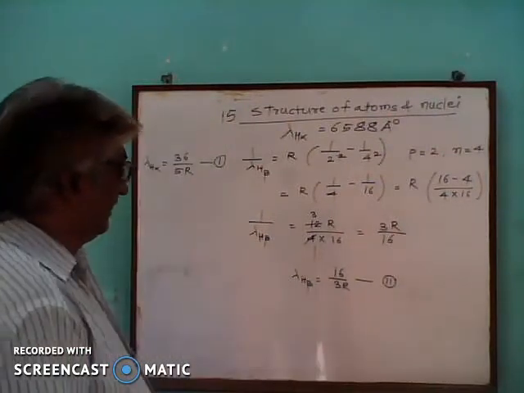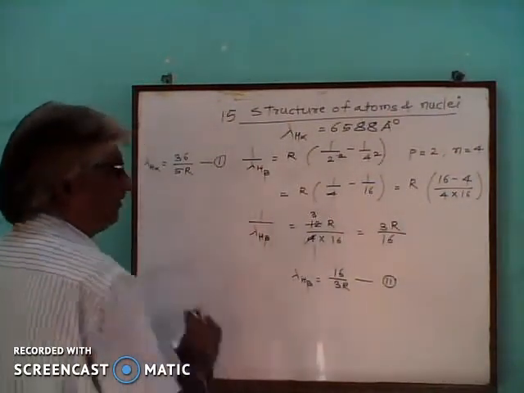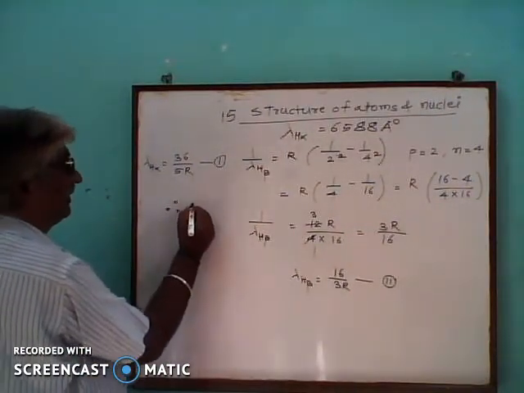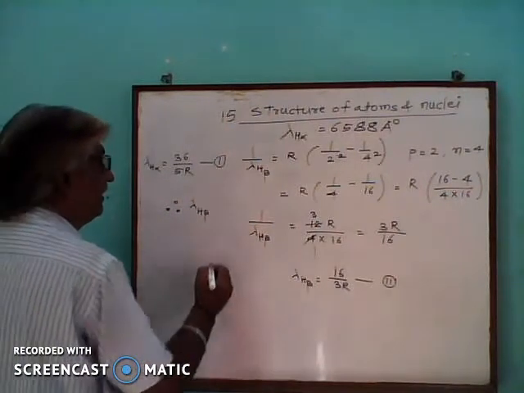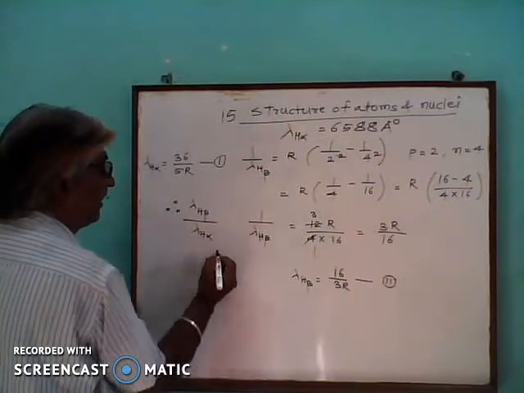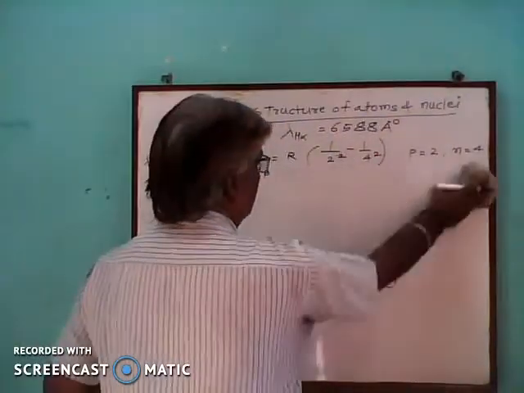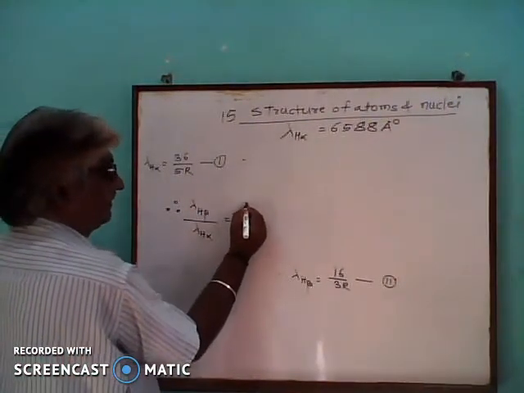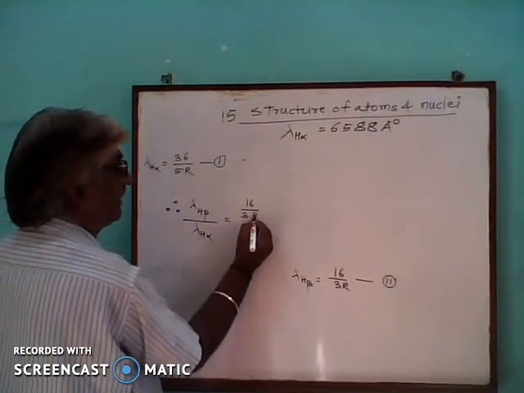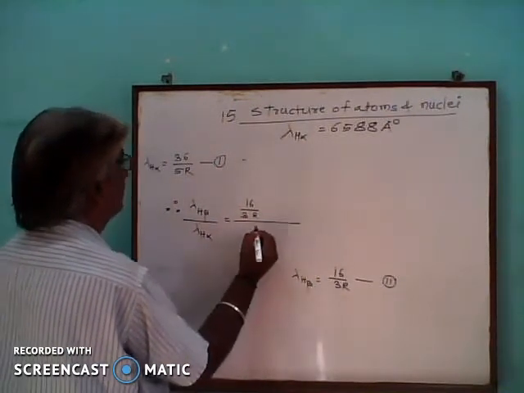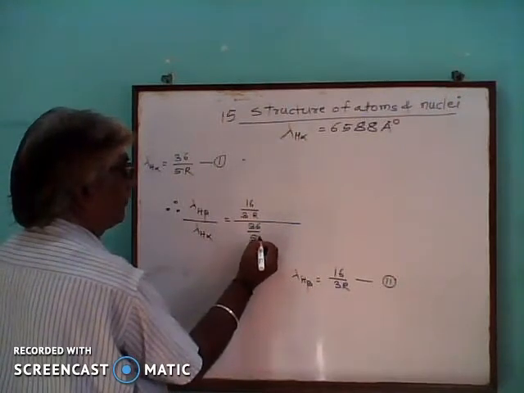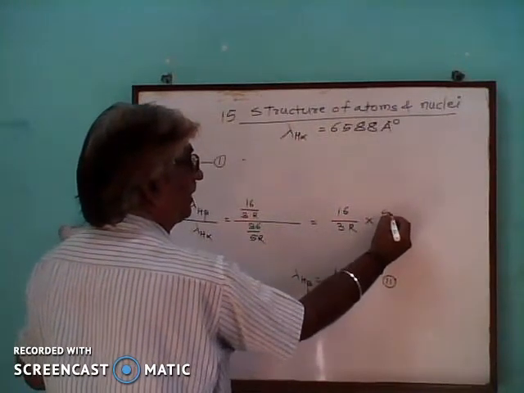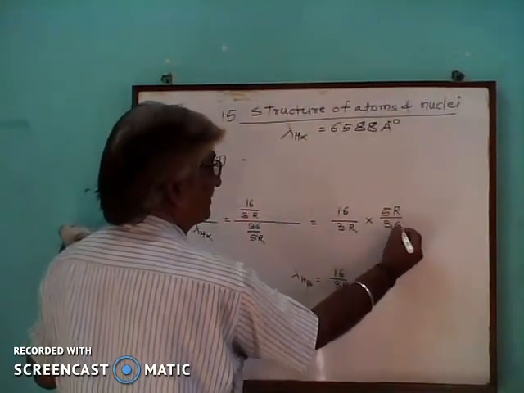If we take two equations, then divide equation 2 by equation 1. Therefore, lambda H beta upon lambda H alpha will be 16 upon 3R divided by 36 upon 5R, which is equal to 16 divided by 3R multiplied by 5R upon 36.